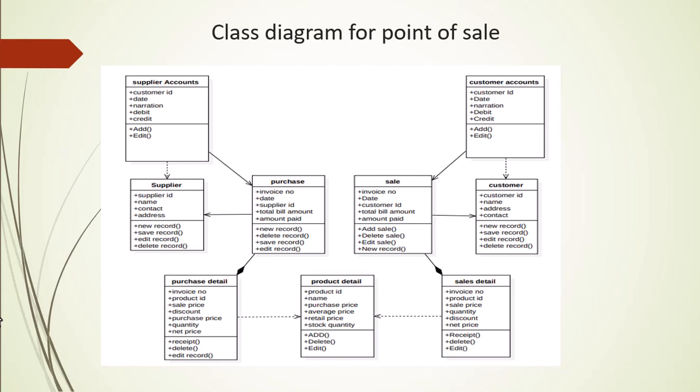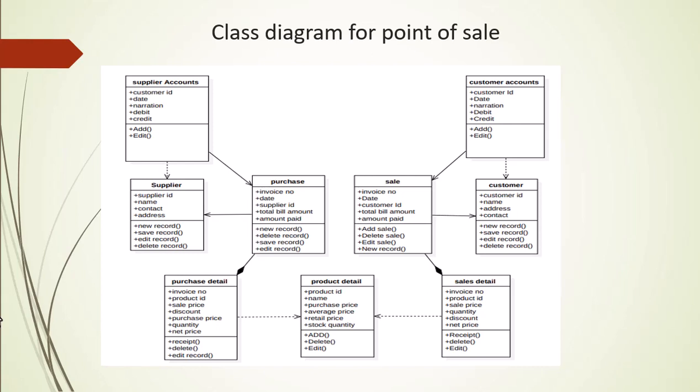Association means although the purchase class uses the supplier information, it can be designed without the supplier. If supplier ID is not entered, it is still okay, but purchase detail cannot proceed without the product detail.